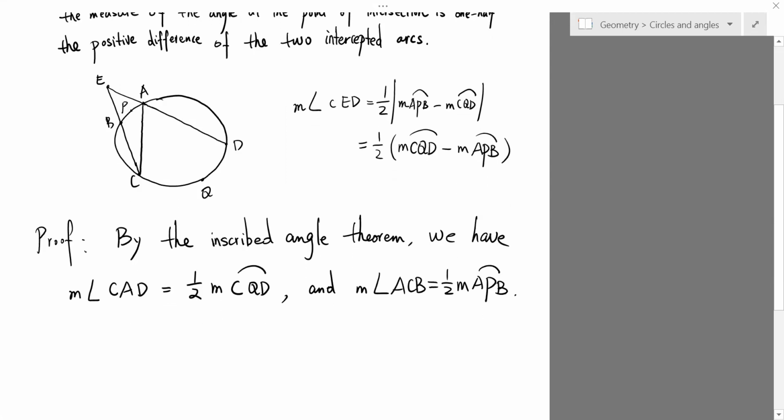And the second observation we're going to use is that the angle DAC up there is in fact an exterior angle for the triangle ACE, with the angle AEC and the angle ACE as the non-adjacent interior angles.